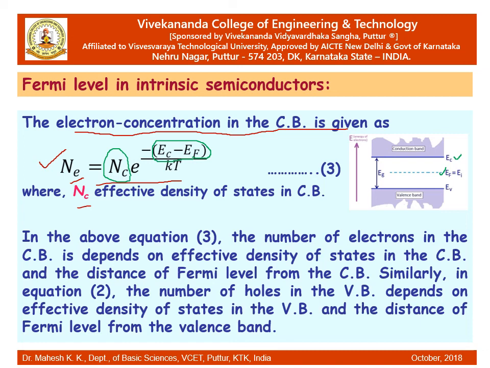Similarly, remembering equation 2, the number of holes in the valence band depends on the effective density of states in the valence band and the distance of the Fermi level from the valence band, that is the distance between EV and EF.